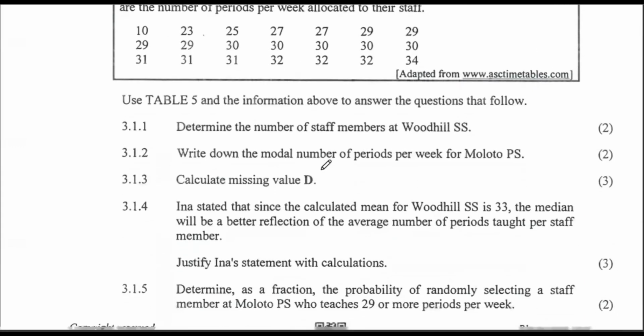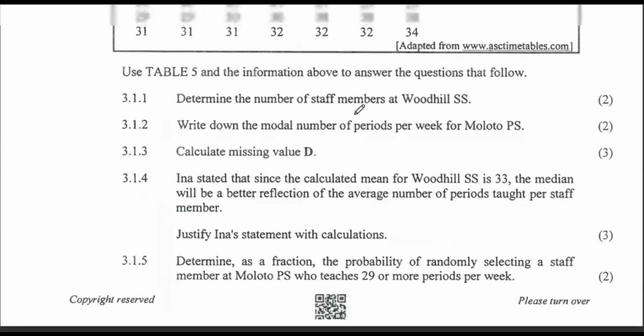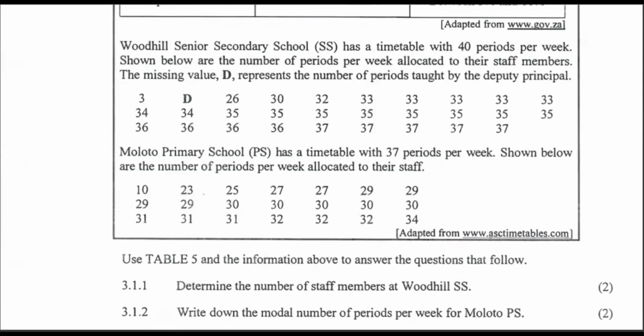Okay. Determine the number of staff members at Woodhill SS. Now, remember, how will you tell? You can't add these values. Each number represents one teacher, because they say the number of periods per week allocated to their staff members. So each number here represents a person.